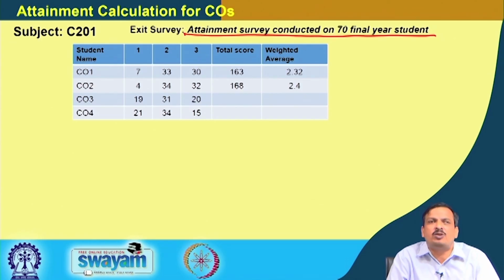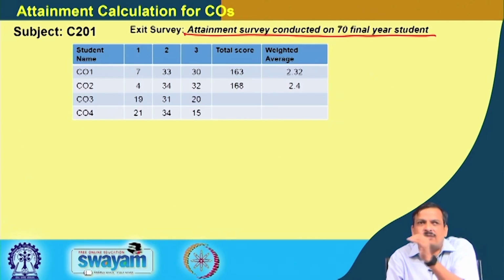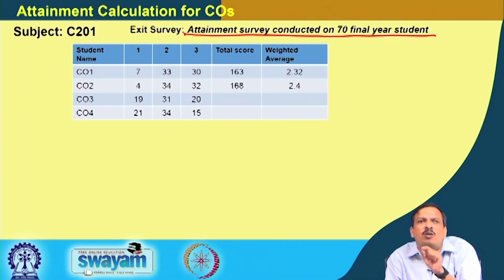I said to the students, those are the COs written in this website or framework software. You can go through these COs and give your opinion on a 3-point scale, 1, 2, 3, or a 5-point scale or 10-point scale, about the attainment of that CO during your study.